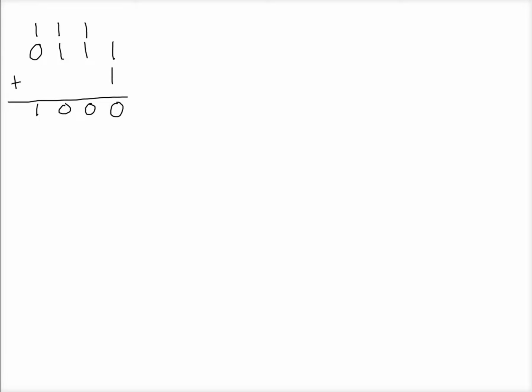Alright, so let me pick some good colors here. Let's do red. Each half adder represents one column of numbers. So one half adder is going to do the first column. The second half adder is going to do the second column.